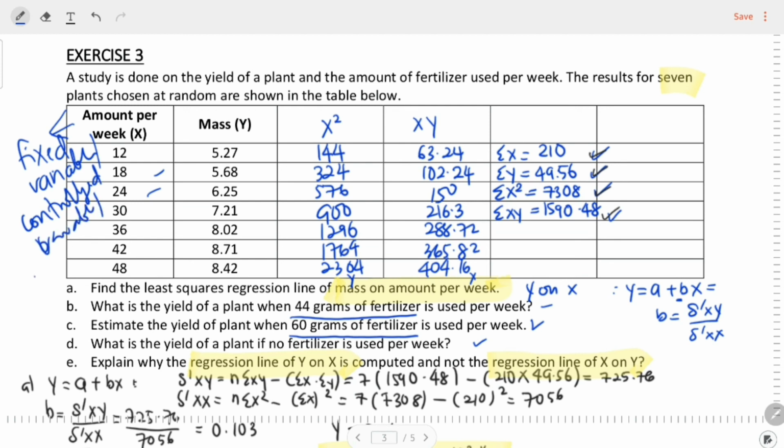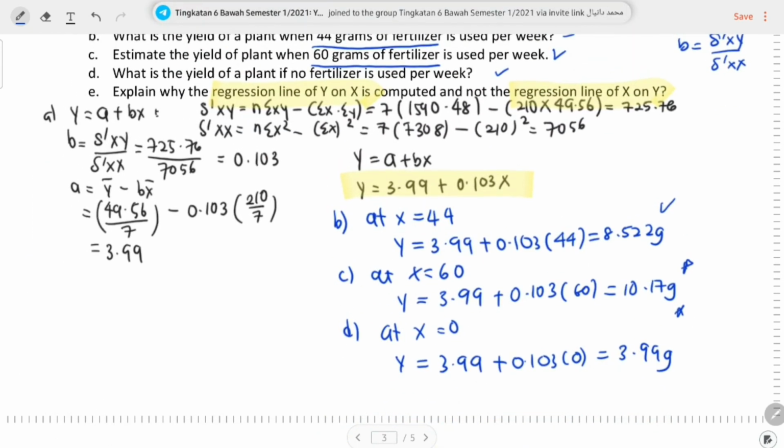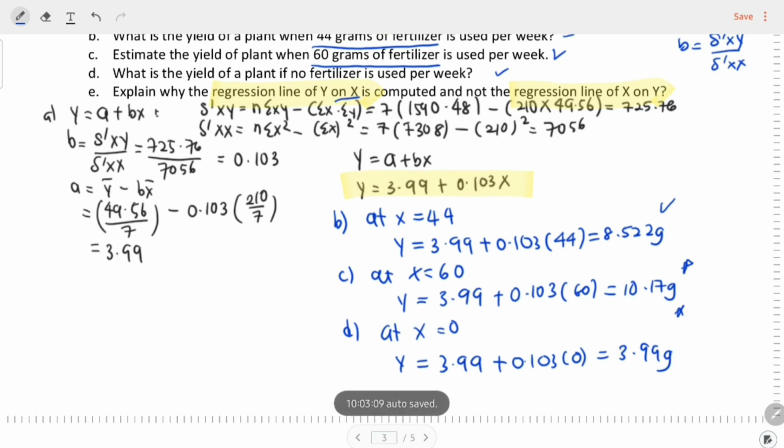So this one is the independent variable. That means the mass y entirely depends on the x value. So this is the dependent variable. Therefore it's correct for us to determine the regression line of y on x, because the control values, the fixed values, are your x.